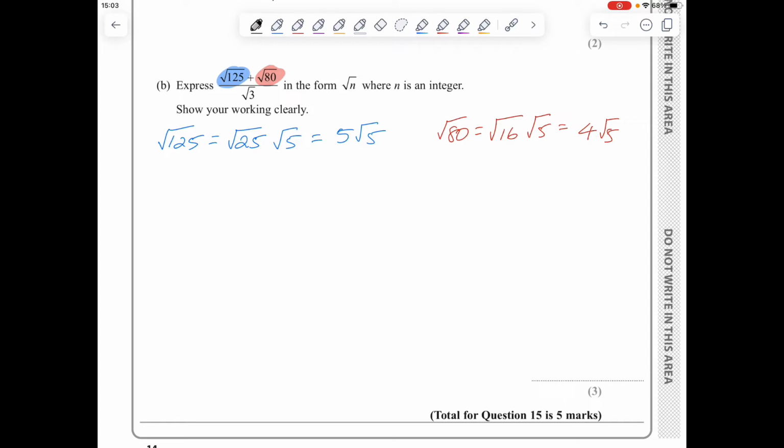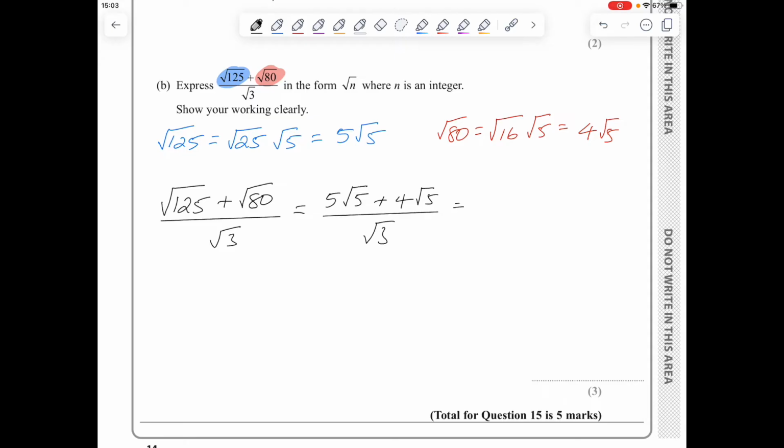So now the original expression, square root of 125 plus square root of 80 over square root of 3, can be written as 5 root 5 plus 4 root 5 over the square root of 3, and this gives me 9 root 5 over root 3.